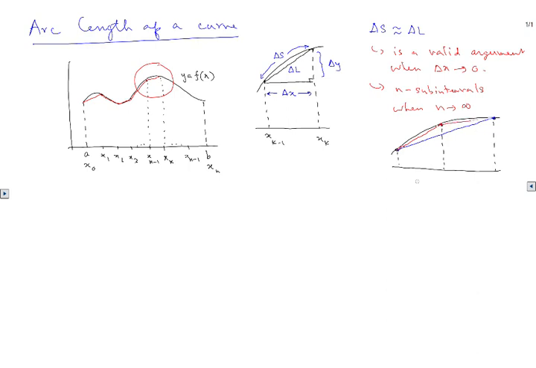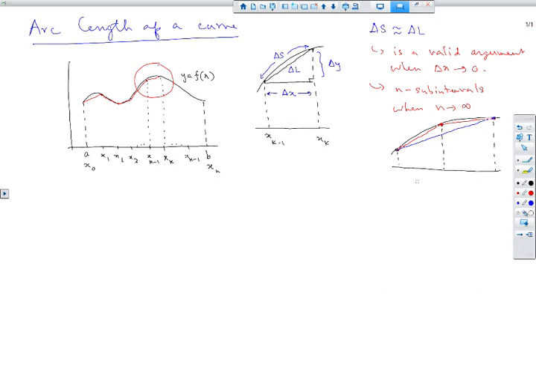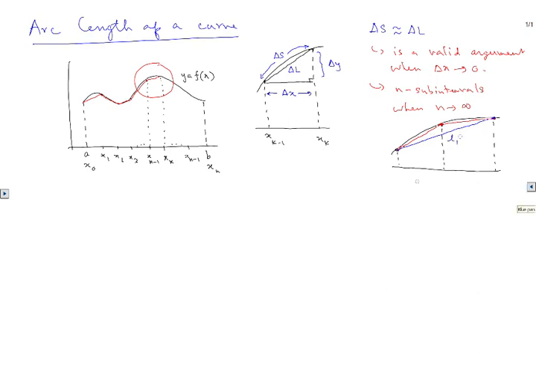That's the other line, and you can see that compared to the previous approximation, now if you consider the sum of those two, where the first one is L1 and the second one is L2 and L3, and this is the actual length that we are looking for, consider S is approximately equal to L1 versus S is approximately equal to L2 plus L3.